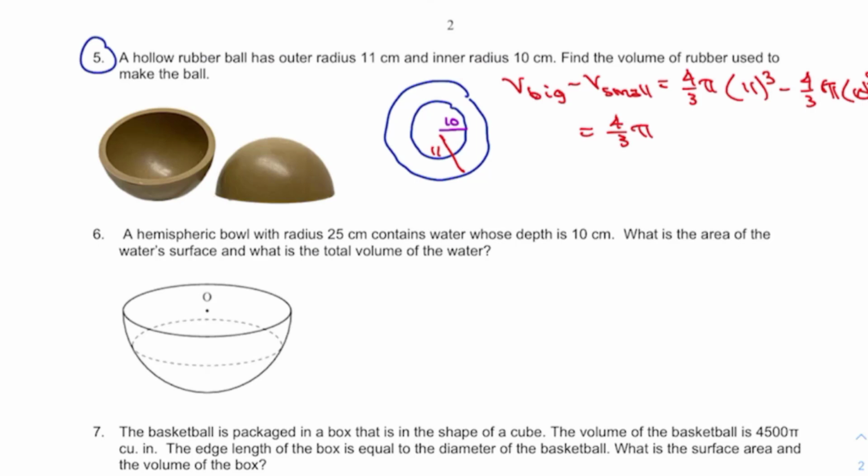Then what I'm left with is basically 11 cubed minus 10 cubed, which is going to be 331. If I keep simplifying this, I'm going to get 441.3 repeating pi. If I ask for an approximated answer, you can multiply the 441.3 repeating times pi, and then just round that to the 100th place.